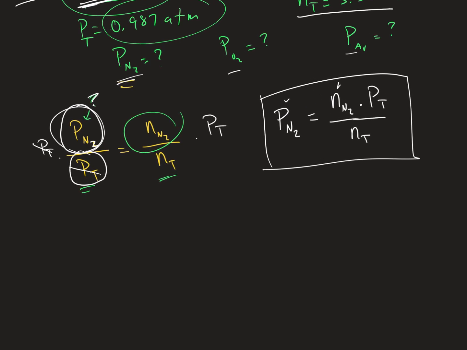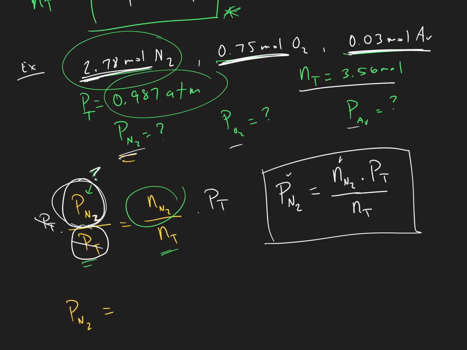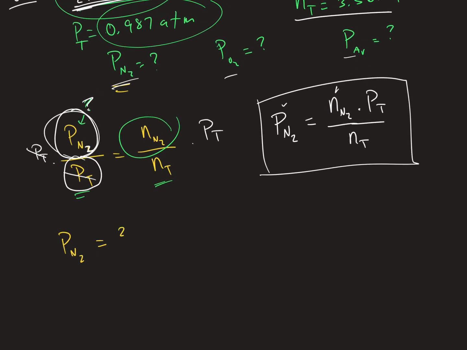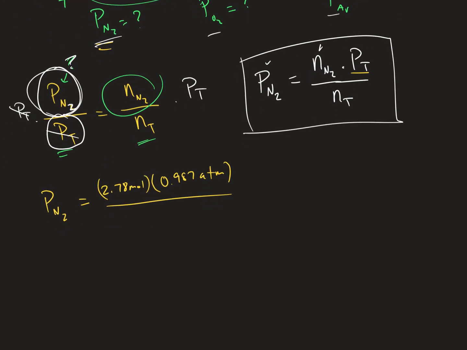All right. So let's plug this in. The pressure of nitrogen is equal to the number of moles of nitrogen, which is 2.78, times the total pressure, 0.987 atm, divided by the total number of moles we calculated to be 3.56 moles.